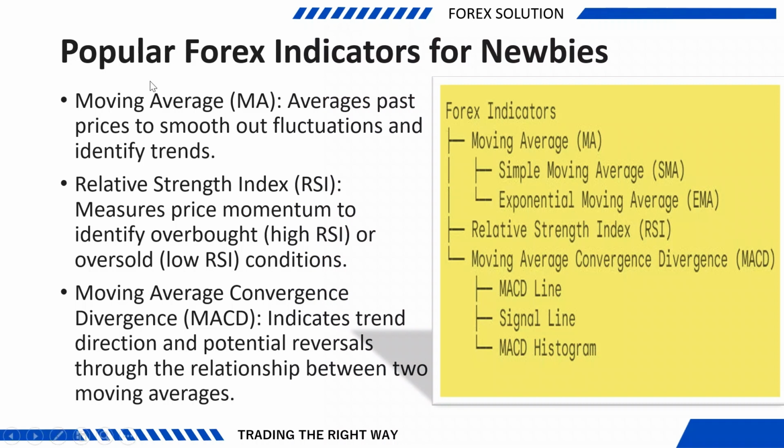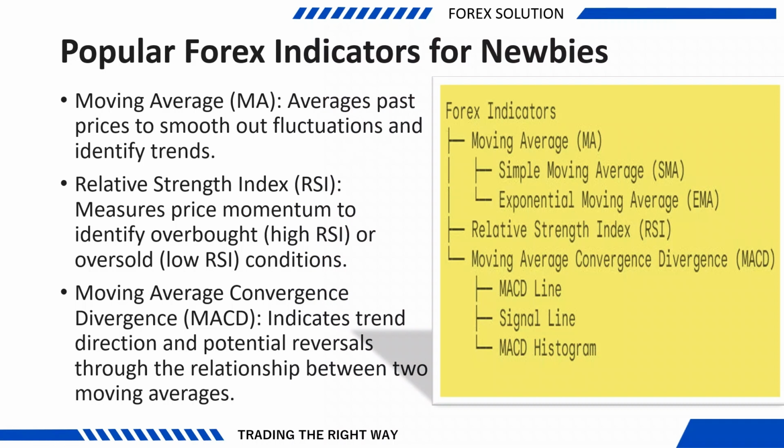So the first one we call moving average, or MA. MA means moving average. From the words, you just calculate the average of past prices, and use it to plot, more or less like a graph.